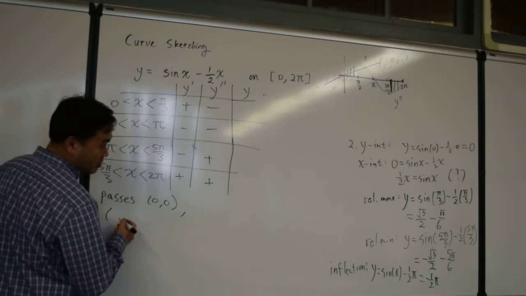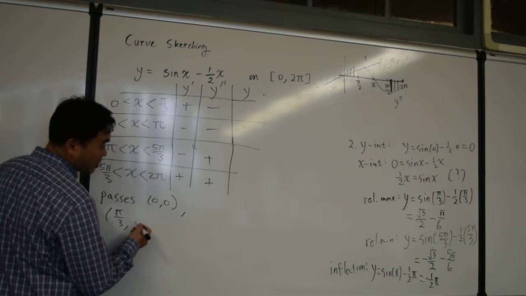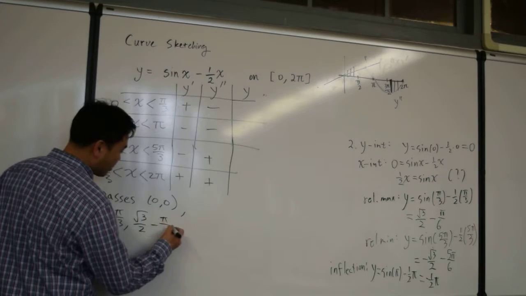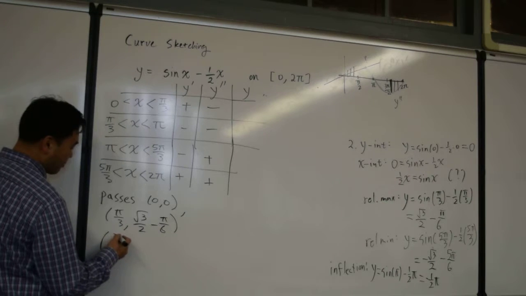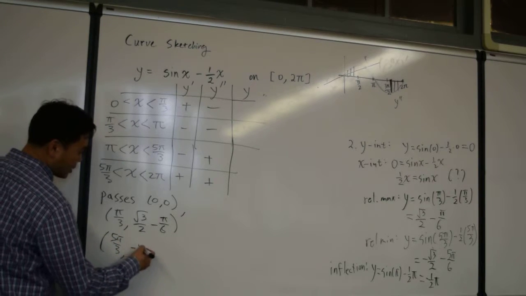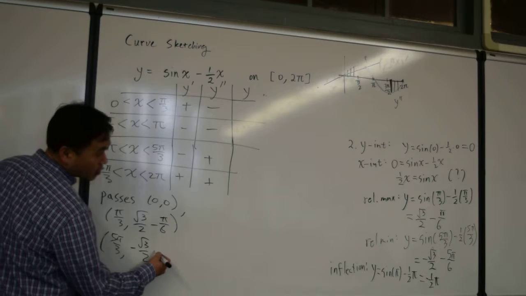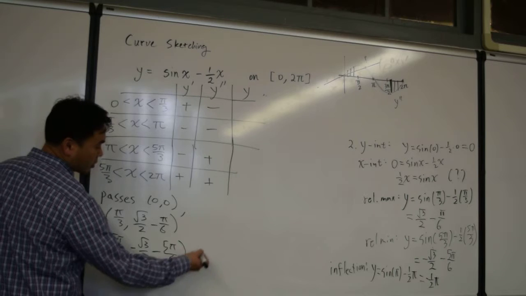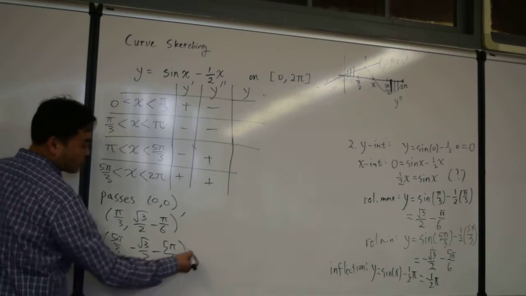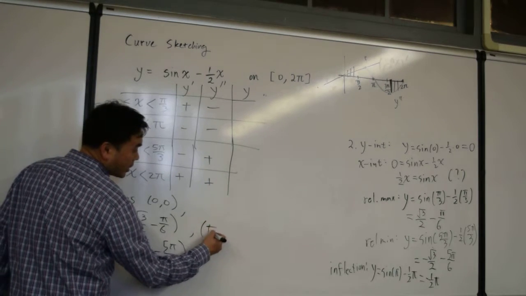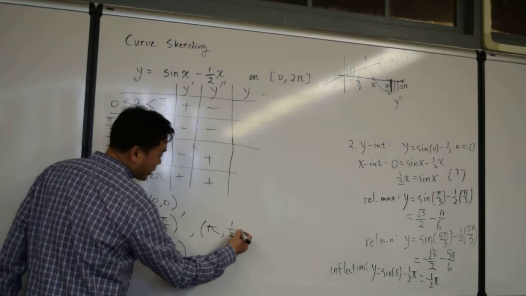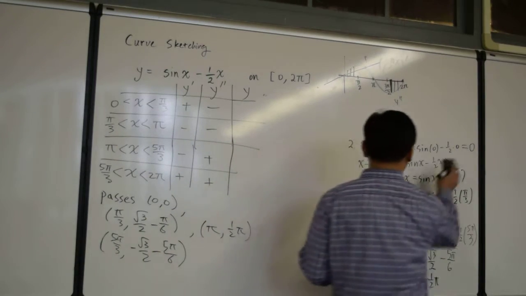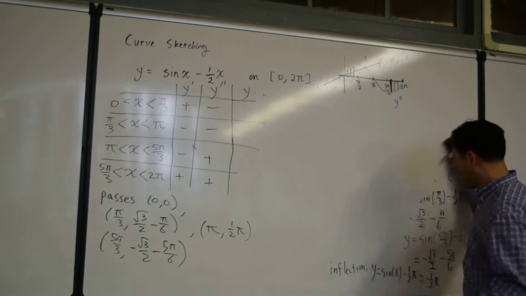It also passes pi over 3, comma, radical 3 over 2 minus pi over 6. 5 pi over 3, comma, negative radical 3 over 2 minus 5 pi over 6. And then also there's an inflection point at pi, comma, negative 1/2 pi. So that contains all the information that we found over here.